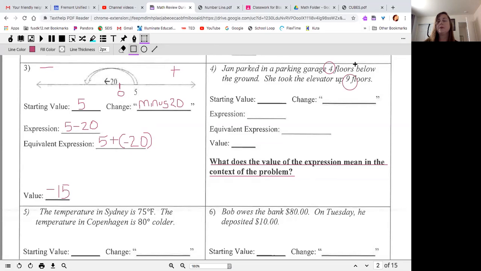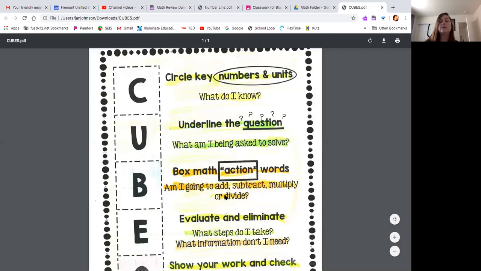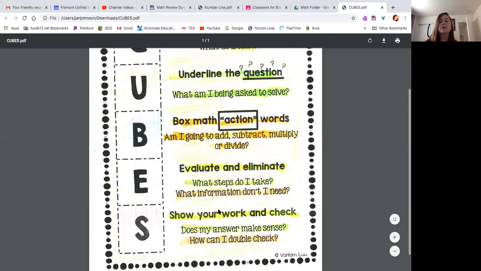So I'm going to put a box around the word below. And then the ground. She took the elevator up. Oh, well, if I said below, up should also be a box. All right. Nice. I'm going to have to eliminate. What can I cross off?